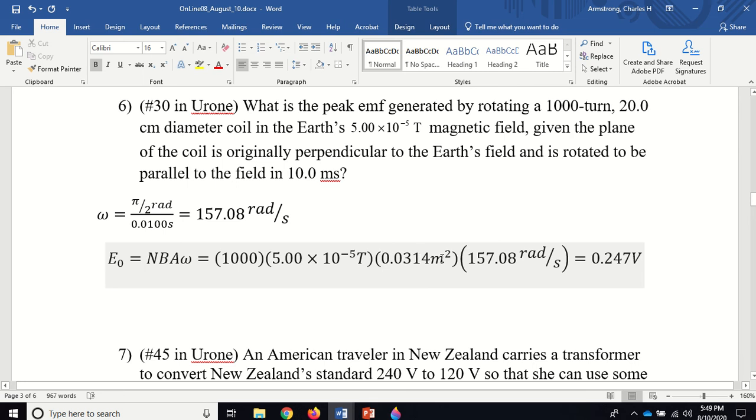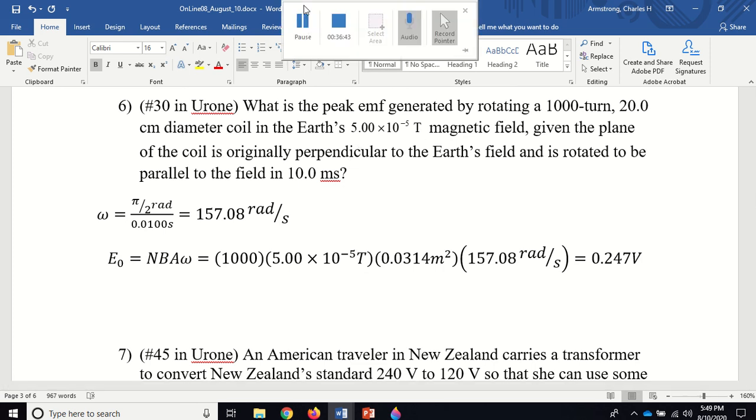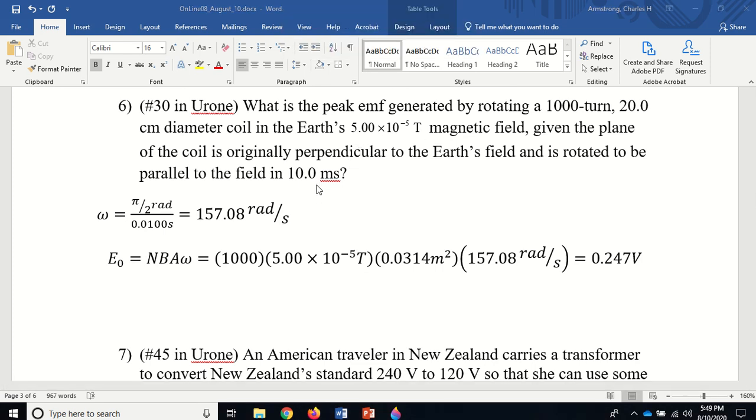0.0314 meters squared is the area. Were we given it, or what? Okay, we weren't given it. I must have figured it out some other way. We were given the 20 centimeter diameter, so the radius is 10 centimeters, 0.1 meters, squared, times pi.